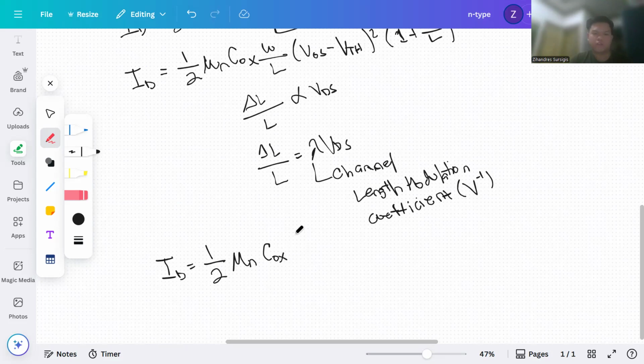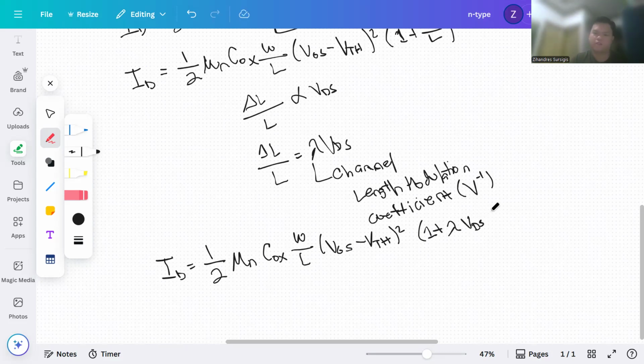1/2 mu n C ox W over L times the gate to source voltage minus the threshold voltage squared times 1 plus lambda VDS, where lambda is the CLM coefficient.